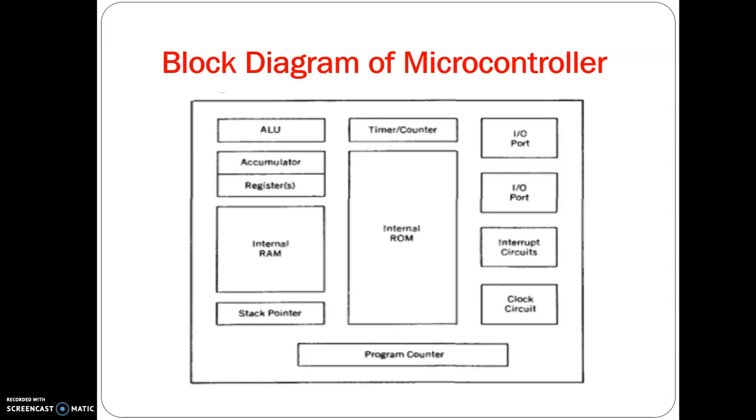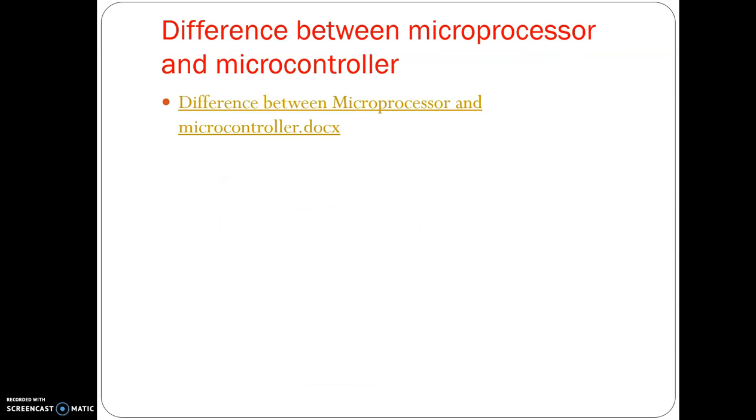I can program them according to my requirement as an input port or as an output port. That means in between the program also, if needed, I can program them as an input or as an output. Then the timer and counter and the internal ROM.